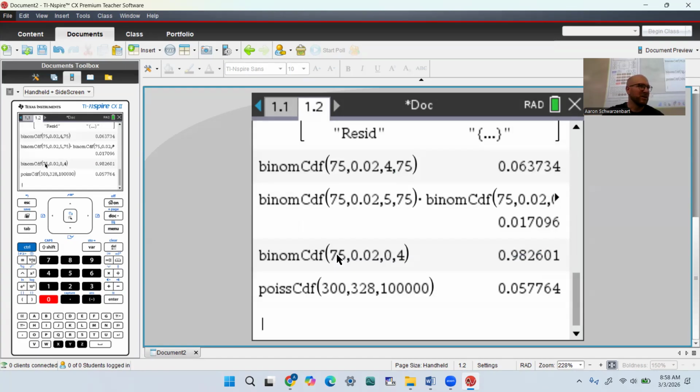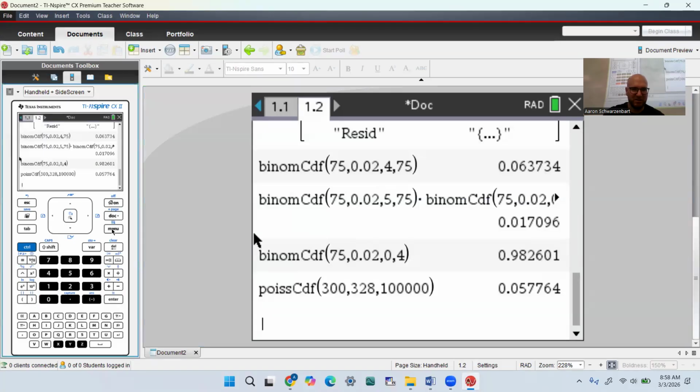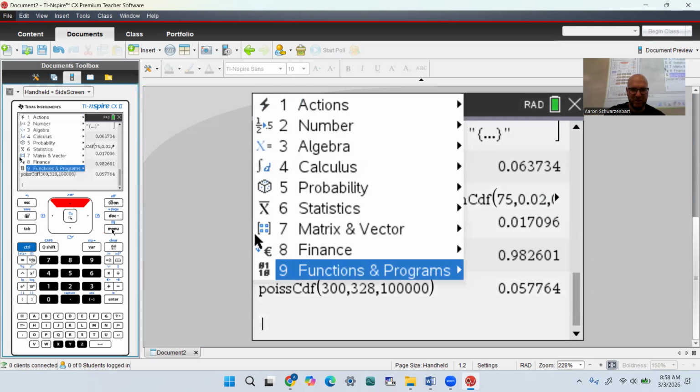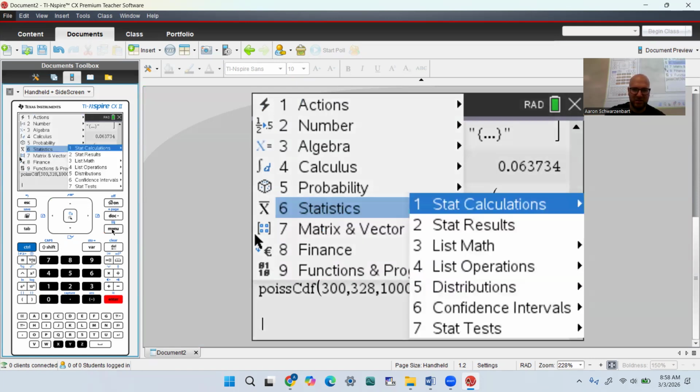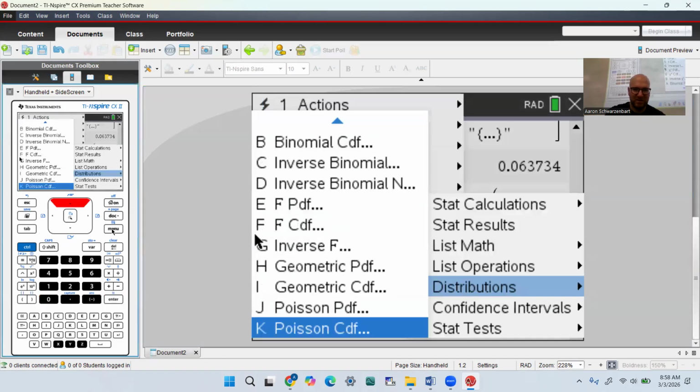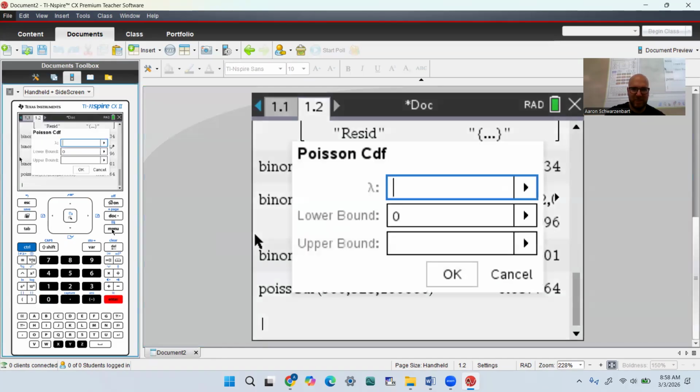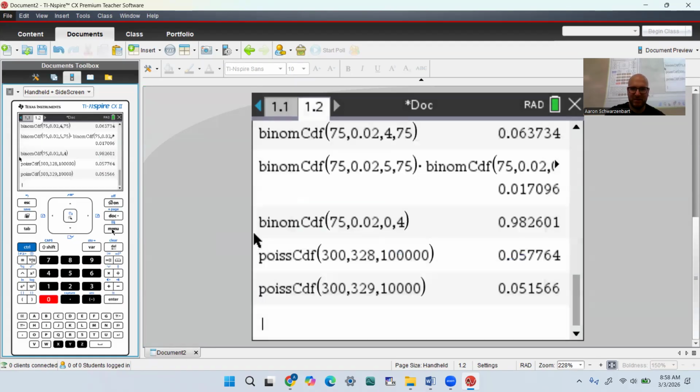So I think it was 329. Maybe it was 330. We'll check. I think it was 330. I'm going to check 329. Somebody check 330. 330 is, 329 is not, so it's 330.